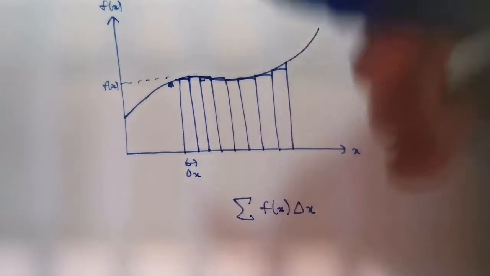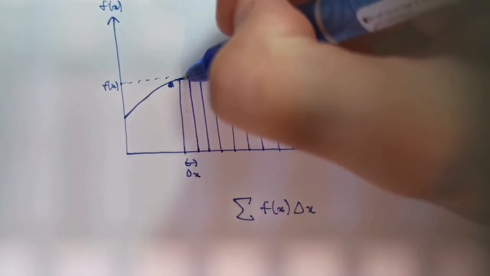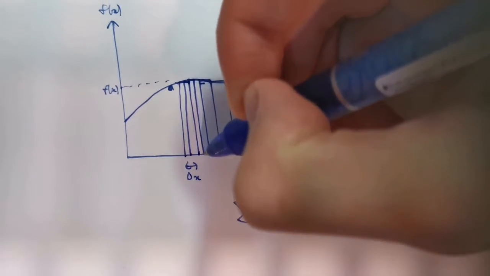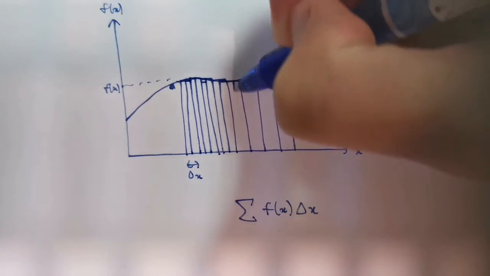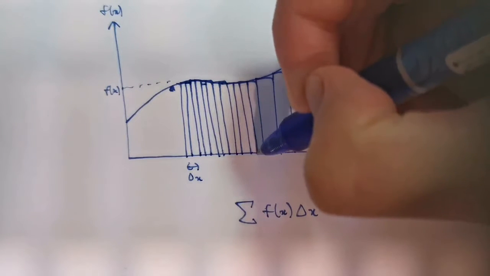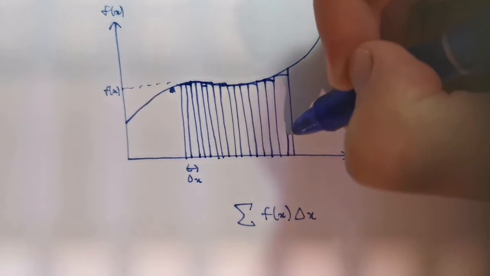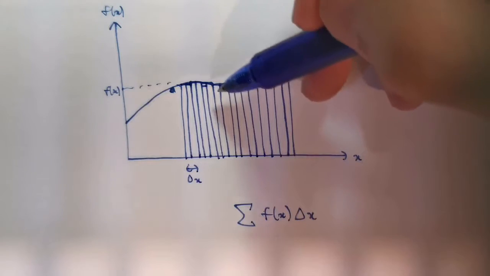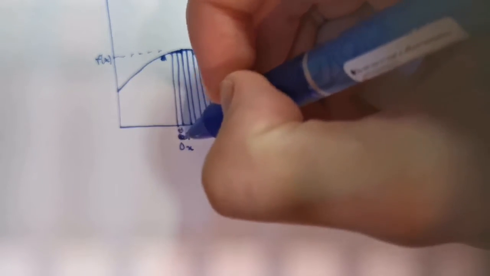So let's say you were to shrink the rectangles. You make them slightly smaller. So you shrink delta x. As you can see, slowly you have a better estimate of the area under the graph, since your delta x is now smaller.